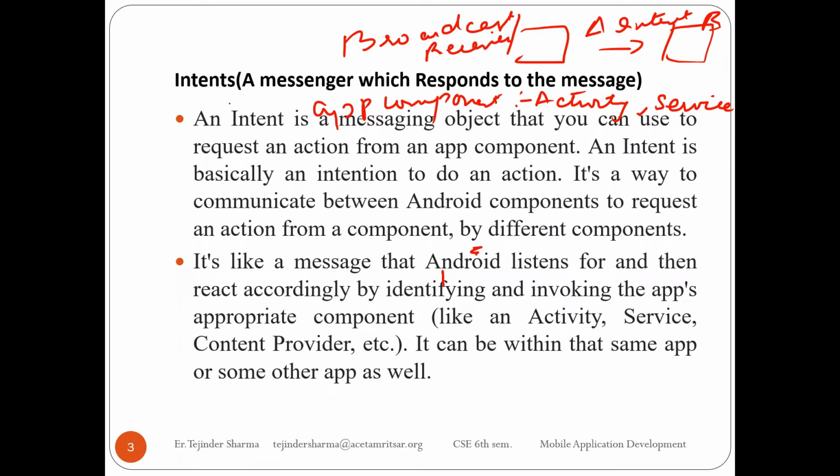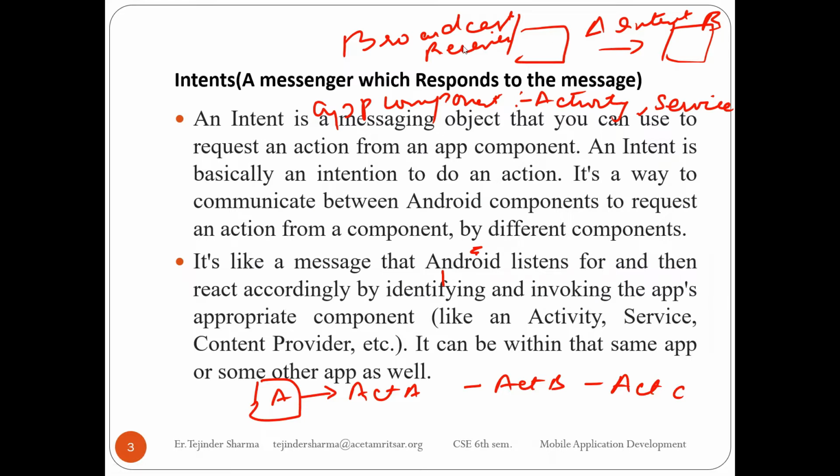So that means what? If I want to open an activity A and I want to move to another activity, because my application will contain a number of activities. Suppose I have an app. Suppose this is my application A. It contains activity A. It contains activity B. It contains activity C. Fine.